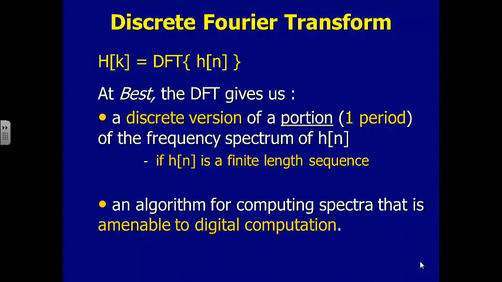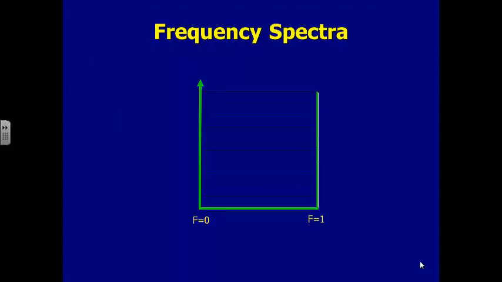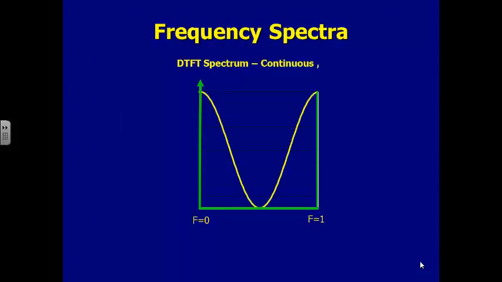Why do I even bother? Well, because the DFT is great for computers. It's a sum, and it's a sum that a couple of clever guys won the Nobel Prize figuring out how to make really efficient on computers. And it makes lots of interesting processing possible and fast. So again, the DTFT, the continuous spectrum, is the correct spectrum for our discrete time signals.